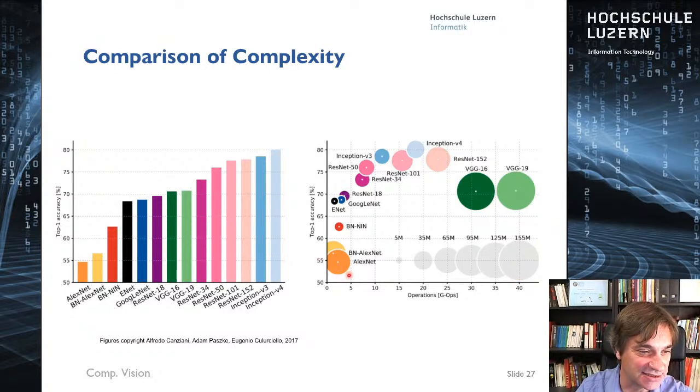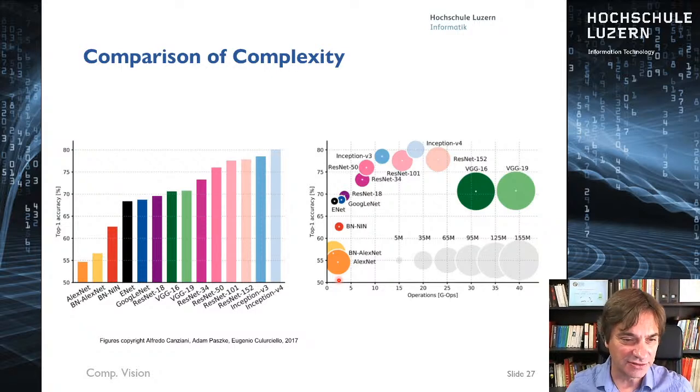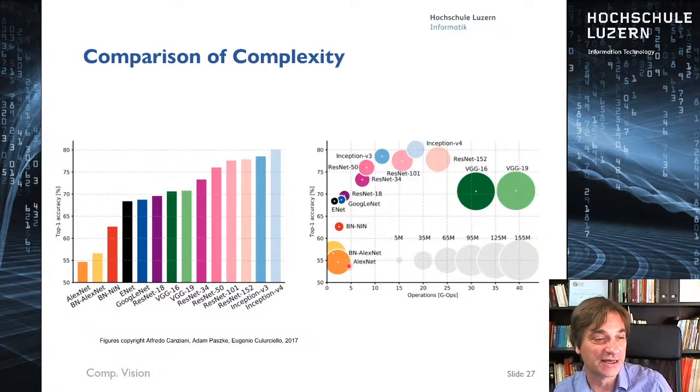So the AlexNet in the beginning actually used quite some memory, but not so many operations that have to be calculated. The size here is the size of the parameters that it needs, and the GOPS is how much the calculation actually is when you go through the network.